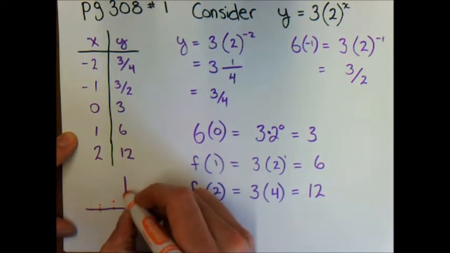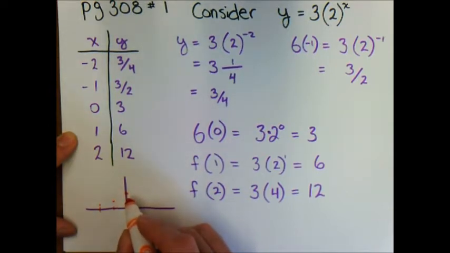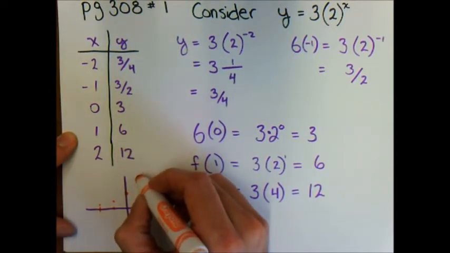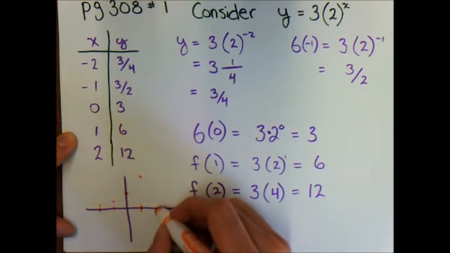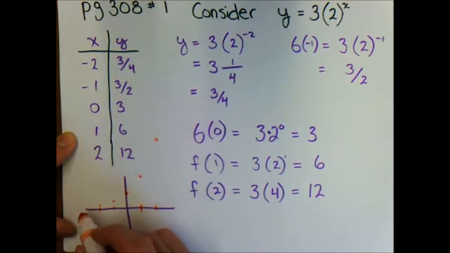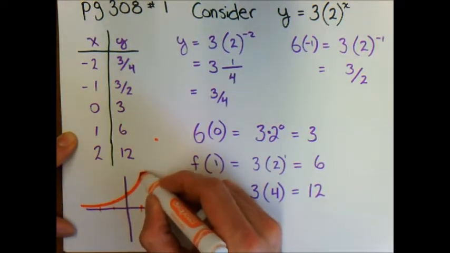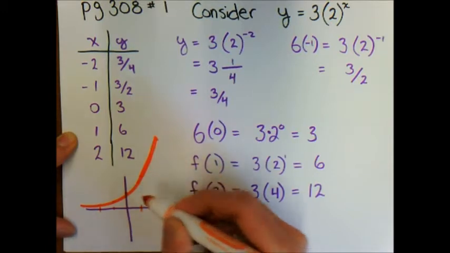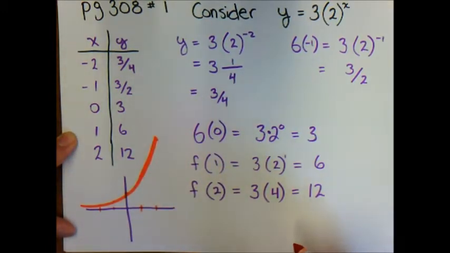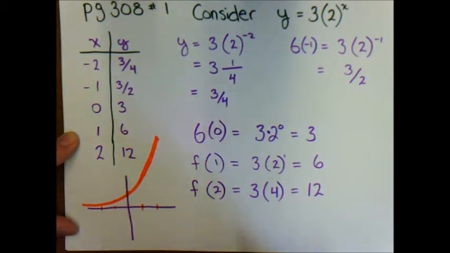So again, I'm doubling my value here, 3/4, 1.5, then 3. Then I'm at 6 here at x equals 1, and here at x equals 2, I'll be at 12. And so I can trace that line. And there you have a simple sketch, a simple example, the graph of y equals 3 times 2 to the power of x.